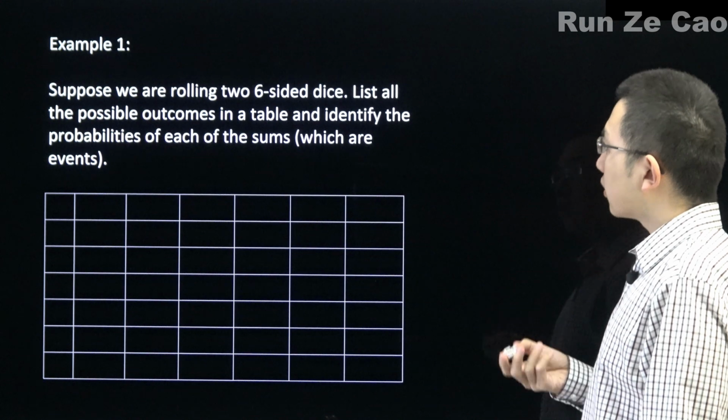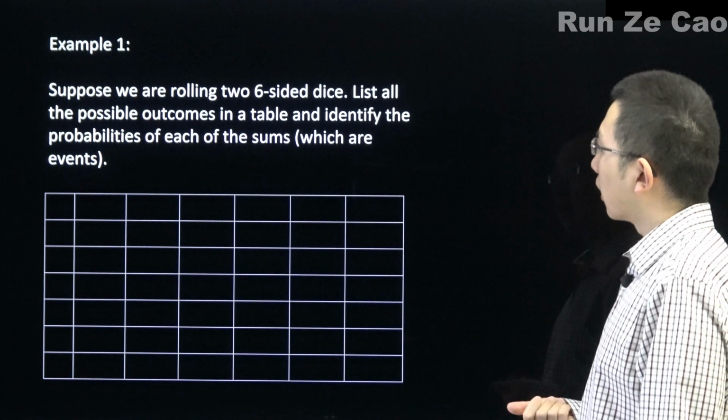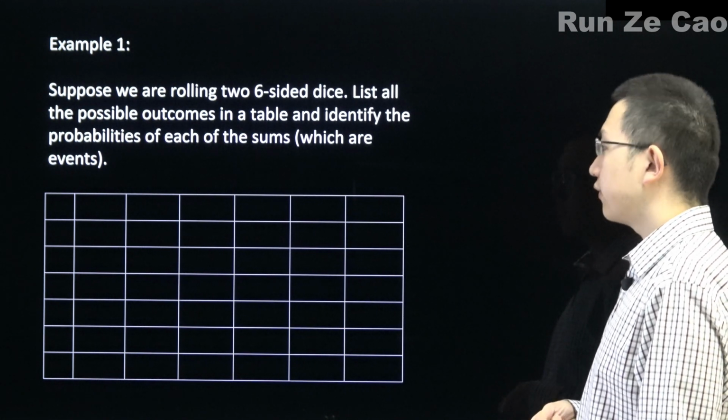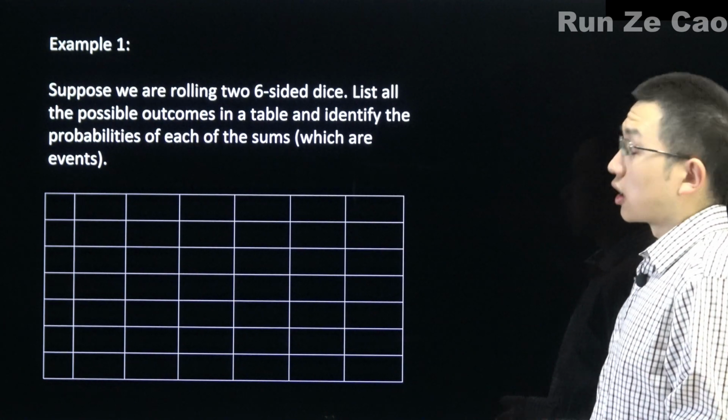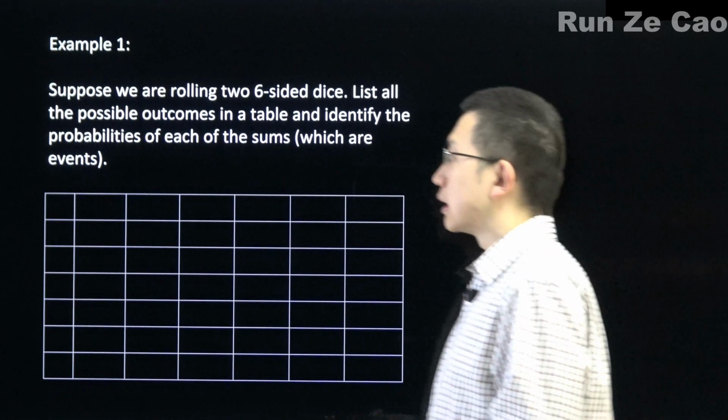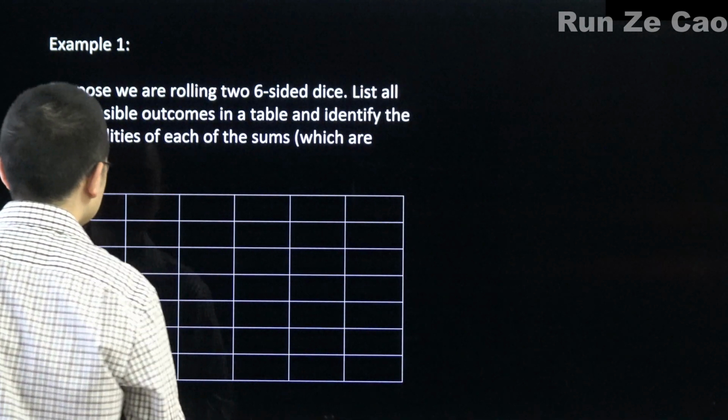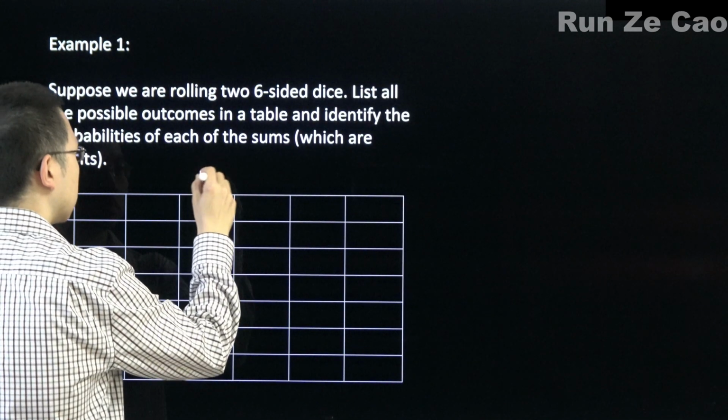Now suppose we have 2 6-sided dice. And let's say we list all these possible outcomes in a table and we identify the probability of each of the sums, which are events. Okay, so we have dice 1.